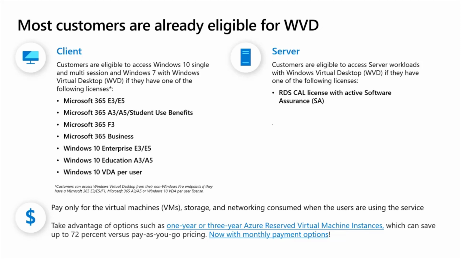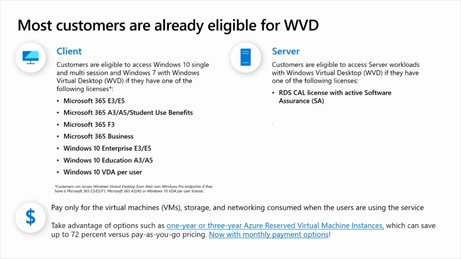With the client licenses piece, we mean Windows 10 single and multi-session usage, and Windows 7 with three years of extended security updates. With the licenses that you see on the left side, for example M365 E3, E5, F3, Business, or Windows 10 Enterprise or Education E3 or E5, and some others, you are entitled to use that control plane for free. All those resources are prepaid for you. That's part of the license.